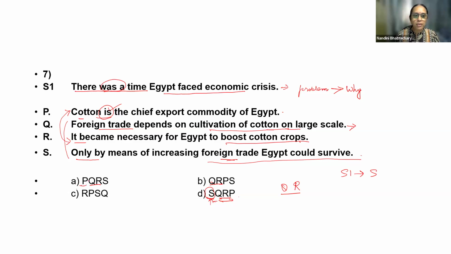Now, if you look at P, "cotton is the chief export commodity." So is this discussing the why? No. So P as an introductory sentence is eliminated. So yes, if you are sure that S is an introductory sentence, you will go with it. If you are not sure about S, you have to analyze the other options. Now, would Q be an introductory sentence?